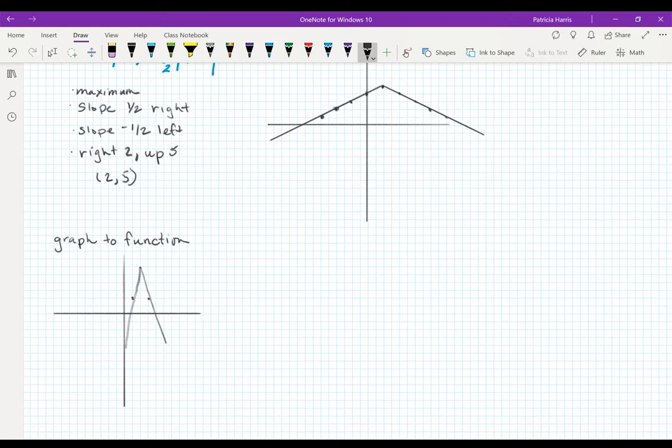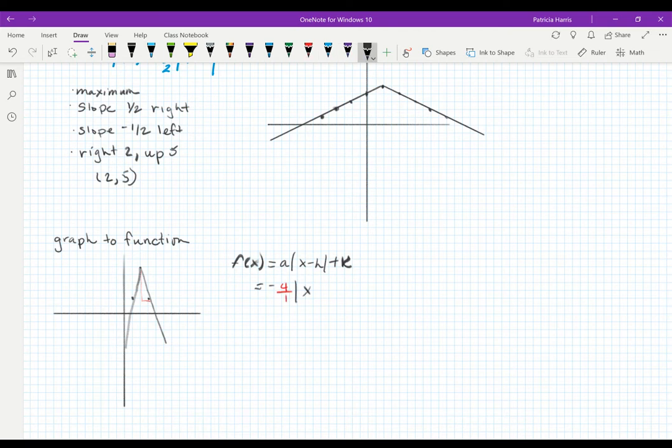So the very first thing I notice is this is a maximum. So I know when I write my function, this is going to be a negative. If I count out my slope, I notice that it's 4 and then over 1, so 4 over 1.